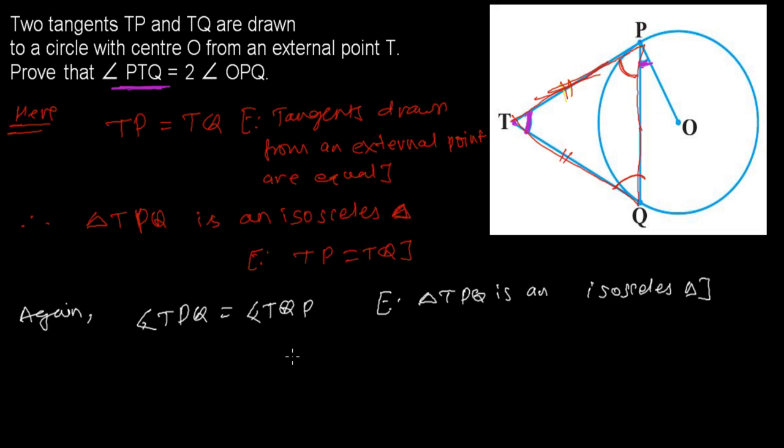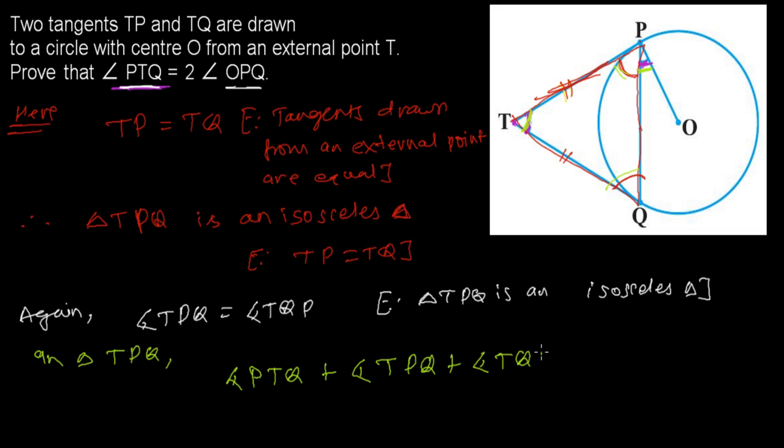Now we need to prove angle PTQ equals twice of angle OPQ. What kind of relationship can we draw between this angle and this angle? In triangle TPQ, angle PTQ plus angle TPQ plus angle TQP equals 180.